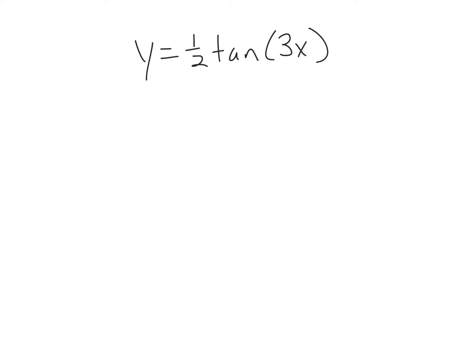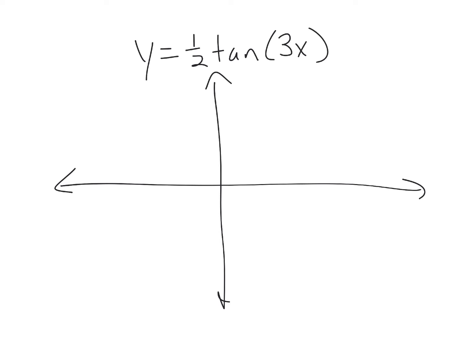Now we got y equals 1/2 tan of 3x. So remember tan, we have asymptotes at pi over 2 and -pi over 2 originally. Okay? Now let's spread them out a little bit, just so it's easier to visualize.